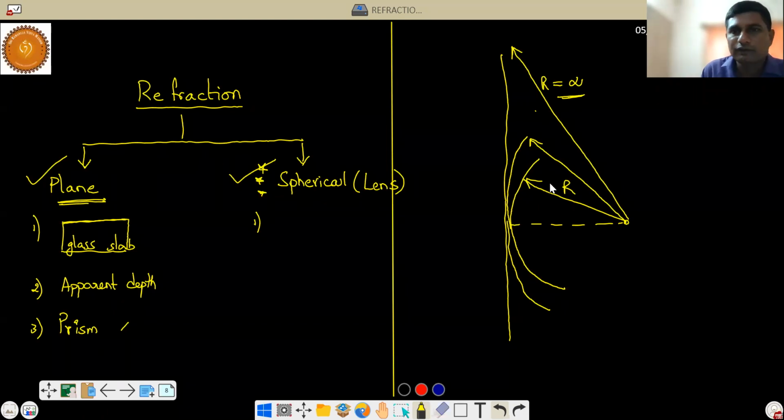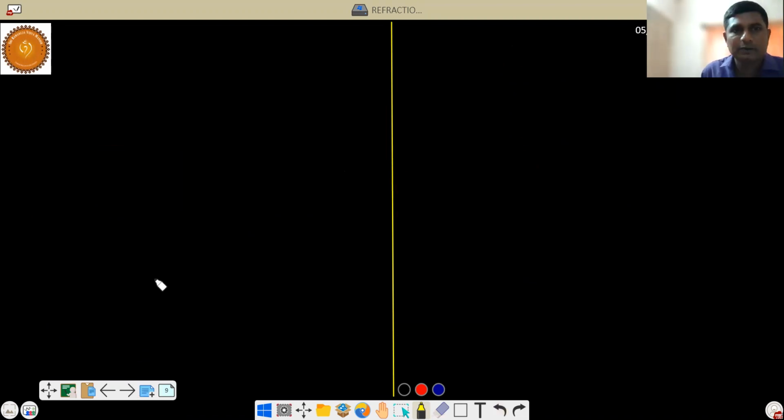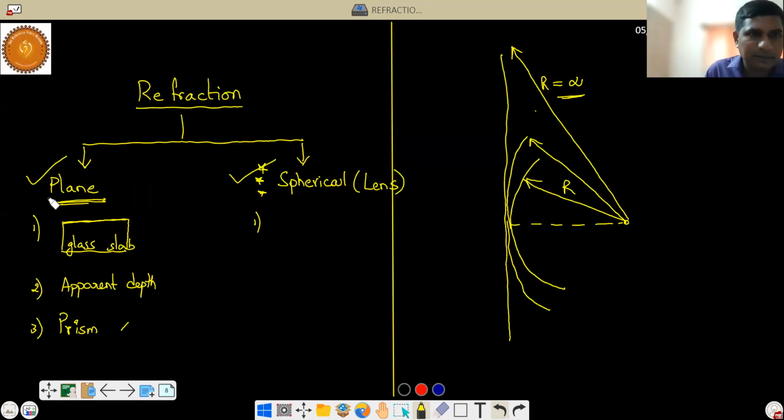Therefore, first I'll start with refraction at spherical surface a little bit, and then I'll go to refraction at plane surface. So today I'm going to start with refraction at spherical surface. By studying like this, it becomes very easy. The plane surface will be very easy, because you already studied the spherical surface. Just by replacing r with infinity, you will get everything here.